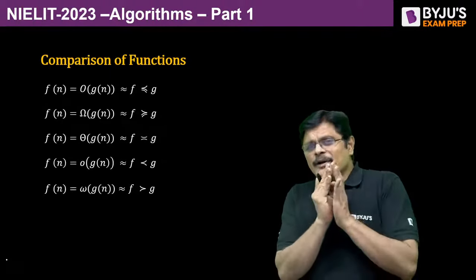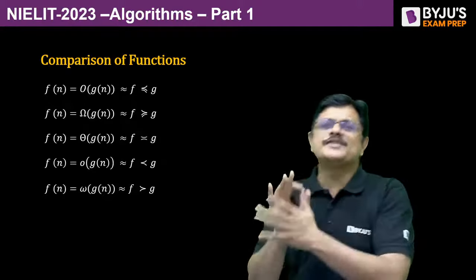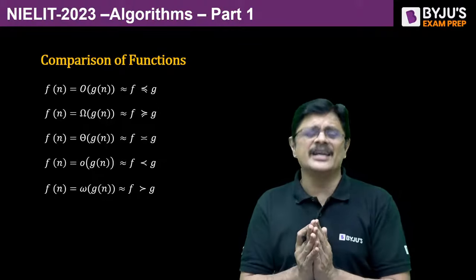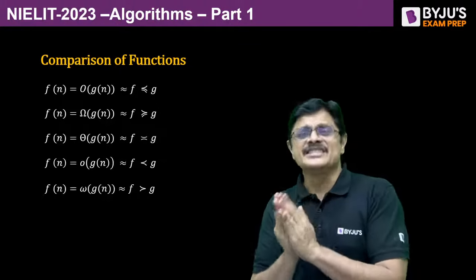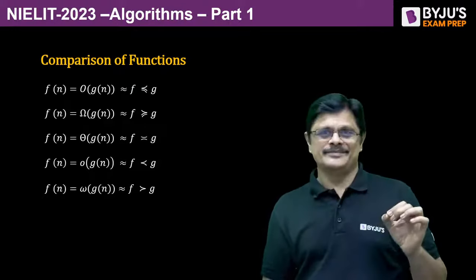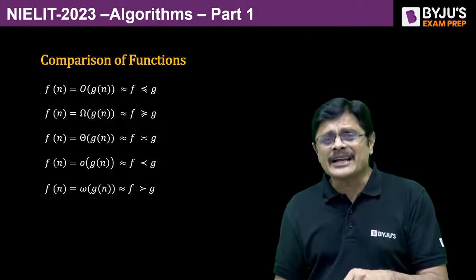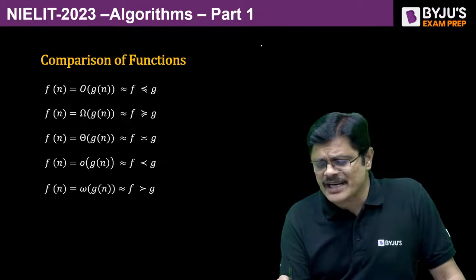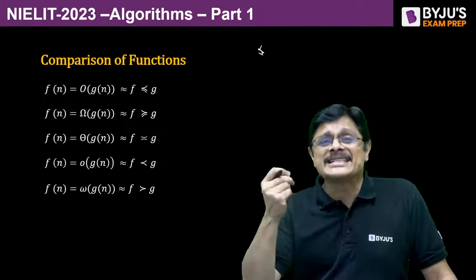See, when you say F(n) is big O of G(n), the idea is F(n) is asymptotically smaller than or equal to G(n). Even though here we have written less than or equal to, that is a scripted less than or equal to, so we need to understand this scripted notation as asymptotically.